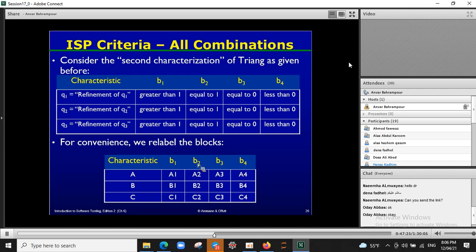For this aim, we could simply define our test cases as these combinations. This is the first test case, this is the second, this is the third, and this is the fourth. With 4 tests, we could cover all possible choices.